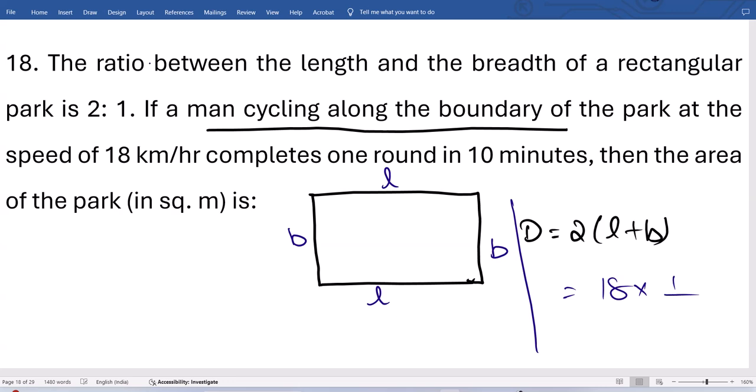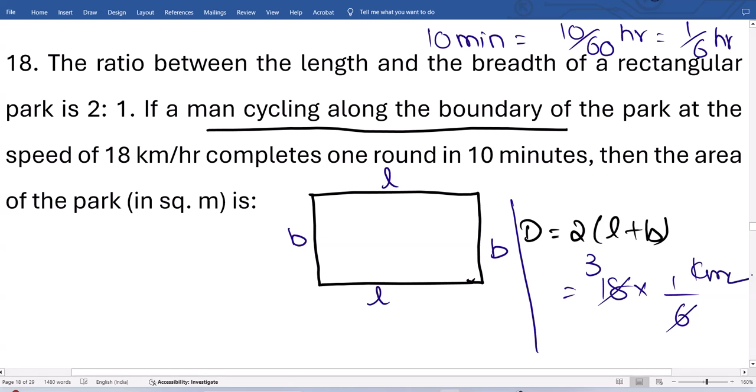Time is 1 by 6. Why 1 by 6? Speed is in kilometers per hour, so time must be in hours. We have to divide by 60 to convert into hours. So 3 kilometers is the distance.